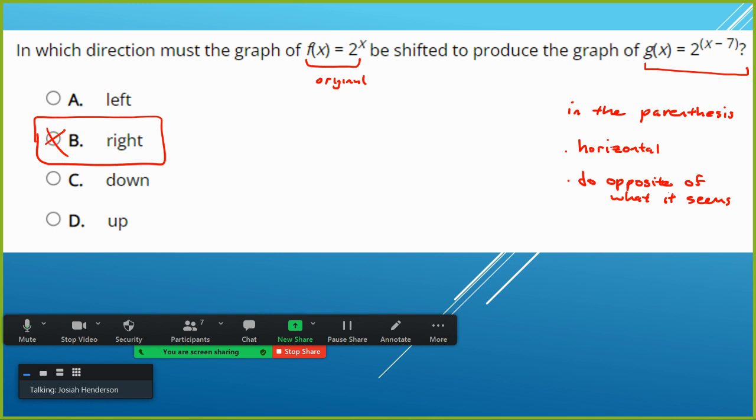And then we have to think, okay, horizontal means do opposite. So first we narrow it down to left or right, and then we narrow it down to right because it's minus 7. Had it been 2 to the x plus 7, this would mean we're going left 7 units because it's plus. So we want to do the opposite. Very good, Tira. And are there any other questions on this example or the previous before we look at our last 2 rules for today?